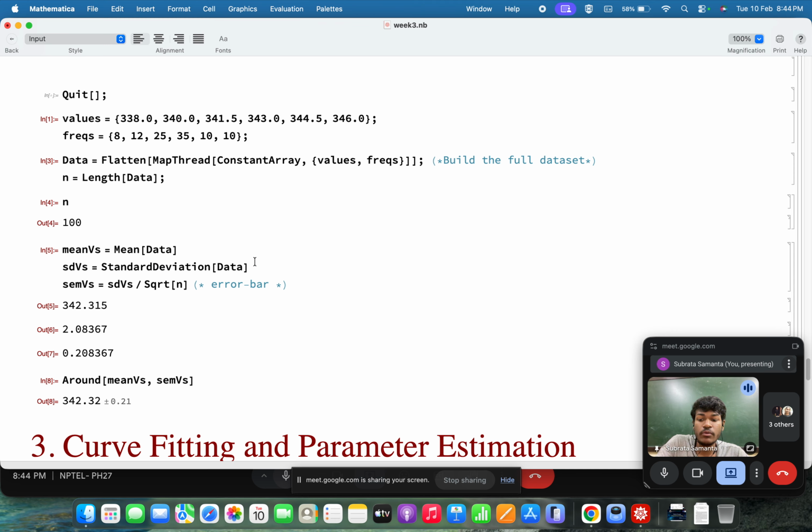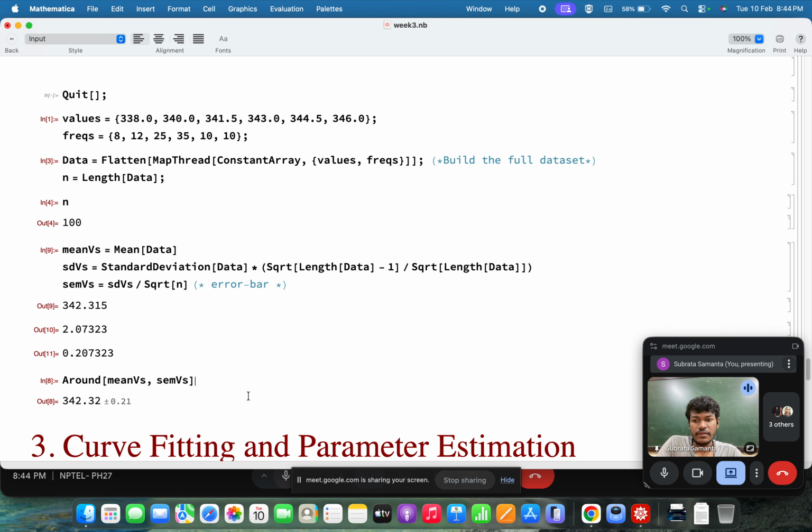You should multiply it with the square root of the length of the data minus 1, and then divided by the square root of n, the square root of the length of the data. So, you should multiply it with this.